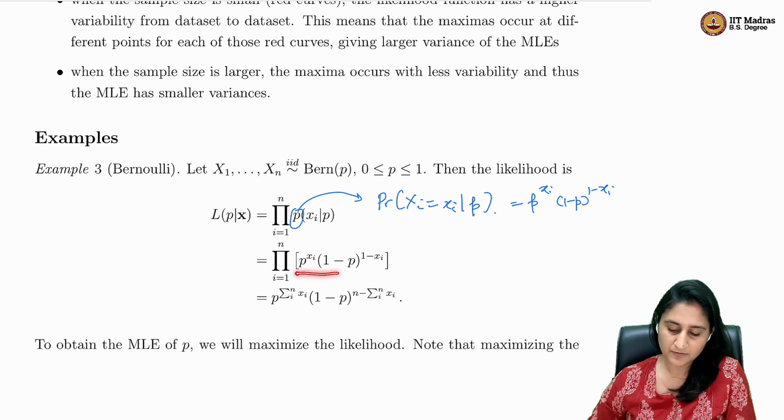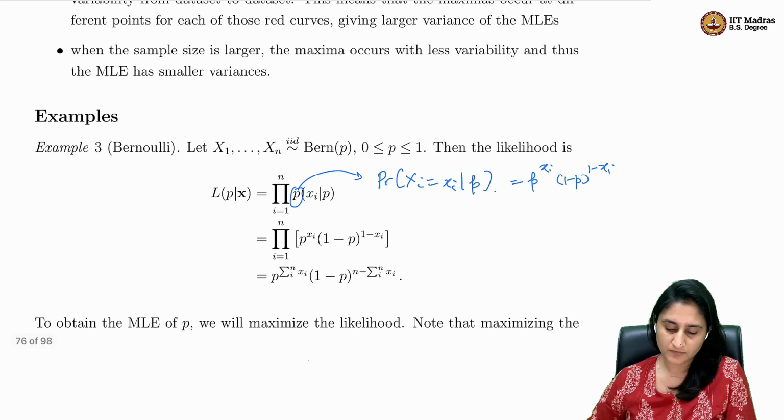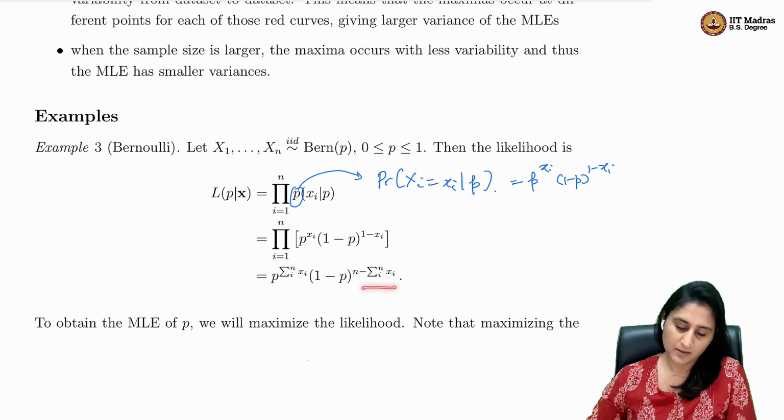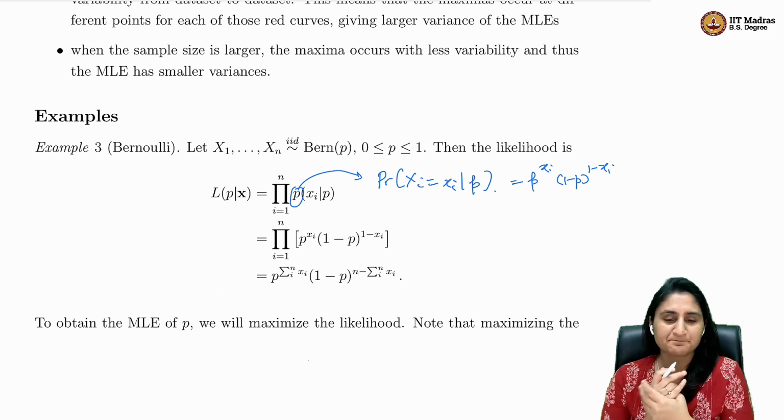And I can now use the product inside and the common base P becomes P to the power summation xi, and 1 minus P to the power n minus summation xi. Please remember this n because often students mess up, forgetting that there should be an n here.